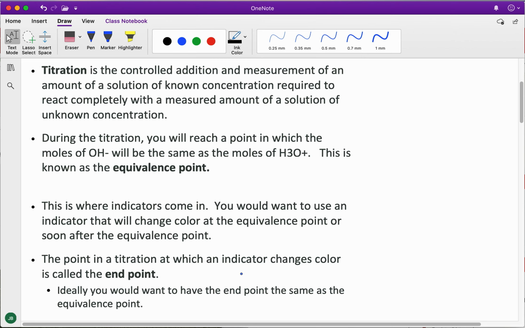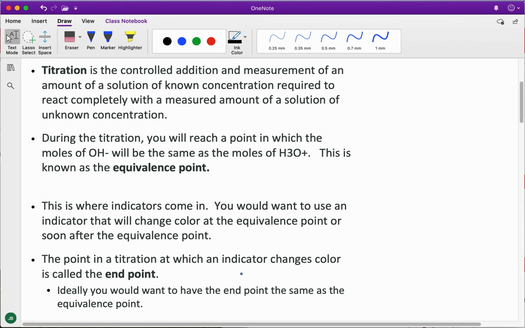You want to use an indicator that will change color either at the equivalence point or very, very soon after the equivalence point. So the point in a titration at which an indicator changes color. The indicator is going to be put into the Erlenmeyer flask. Okay, so the indicator is not put in the burette. It's put into the Erlenmeyer flask.